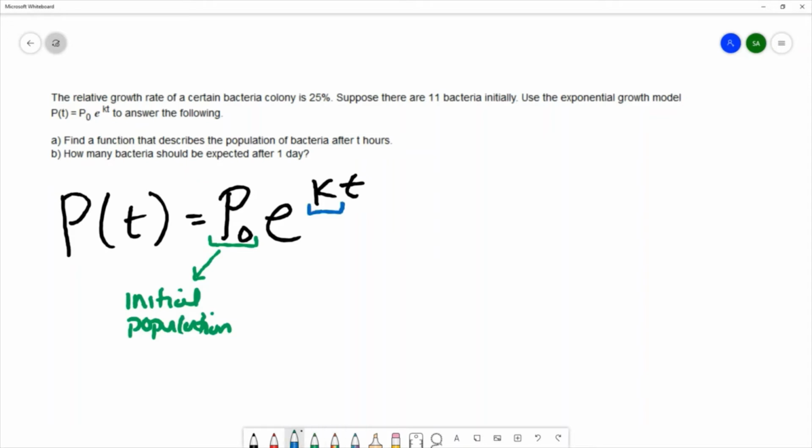The k is our growth or decay rate, in this case, growth. And then t is our time.